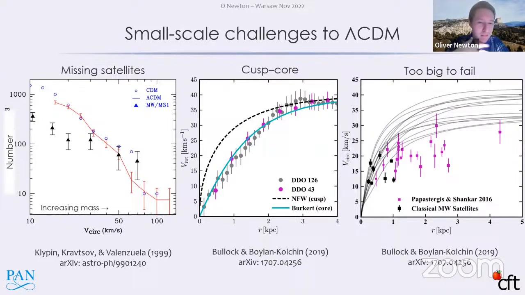So all of this and many other problems contributed to what's become known as the small-scale challenges to lambda CDM. But they originate by comparing dark matter-only simulations with these observations.